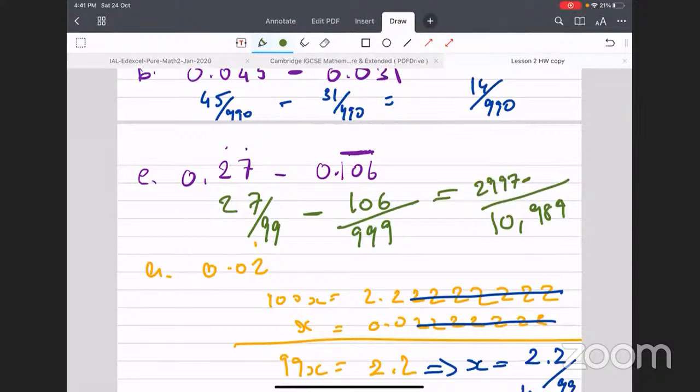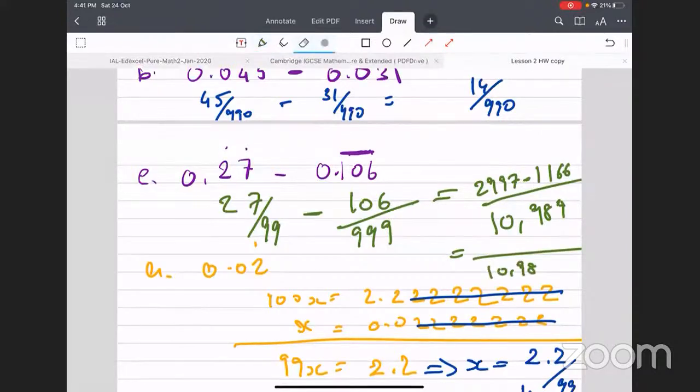Okay, very good. So this is 106, 106 times 11. Okay, yes, that would be 1166. So the final solution would be something like this.